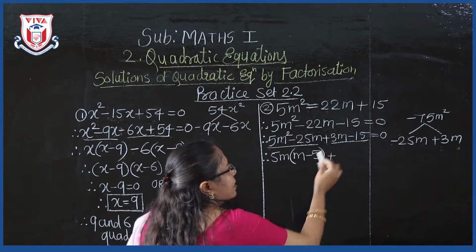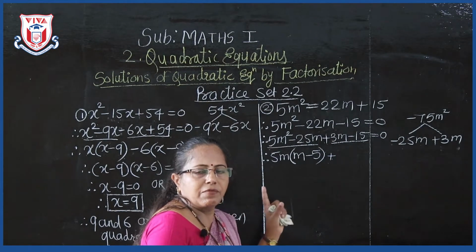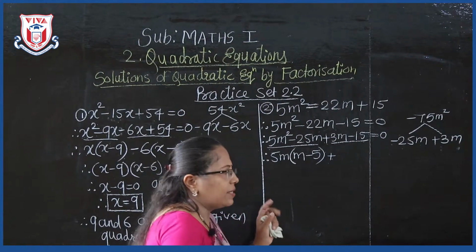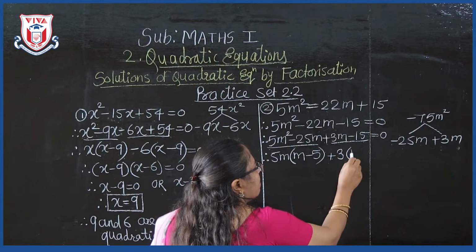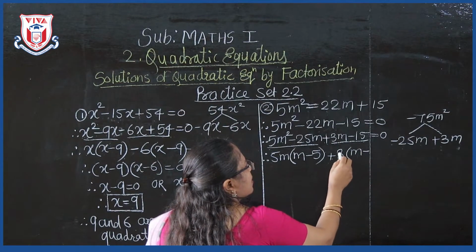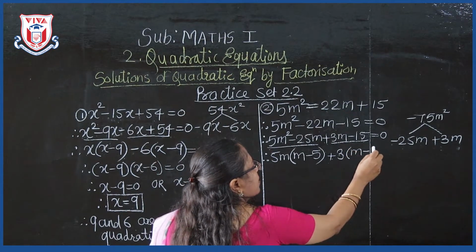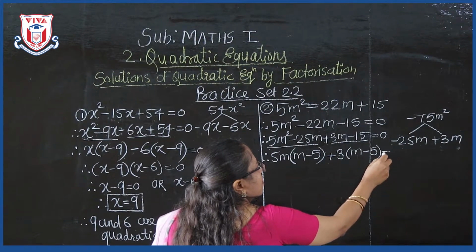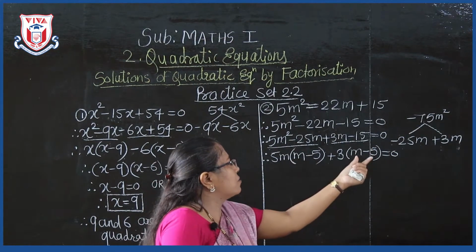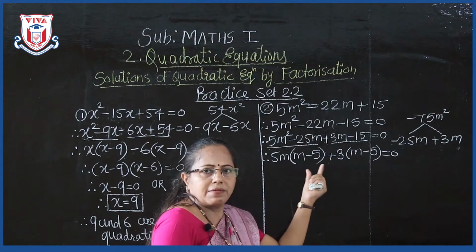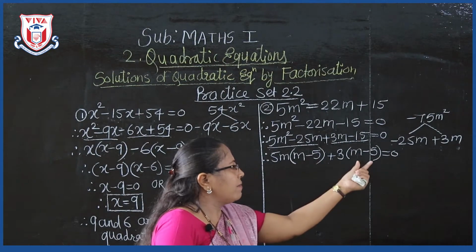From 3m minus 15, 3 and 15, which is the common factor? 3. So in the bracket we will get m minus 5, since 3 5s are 15. You have to remember this technique. This bracket is common for both the binomials. m minus 5, m minus 5.